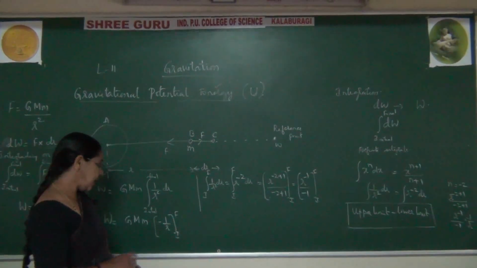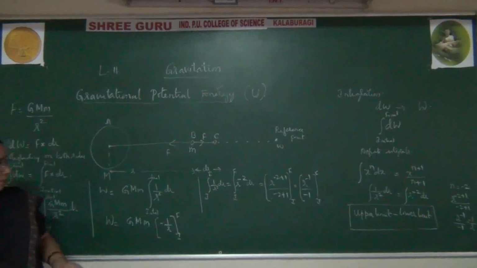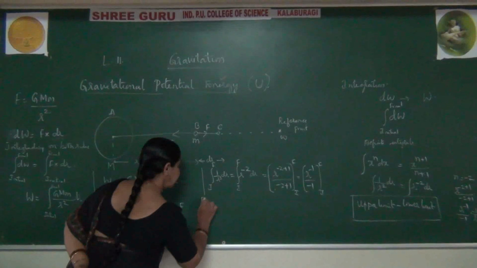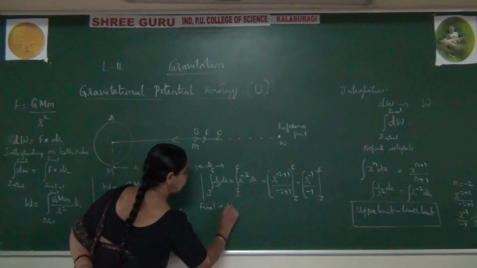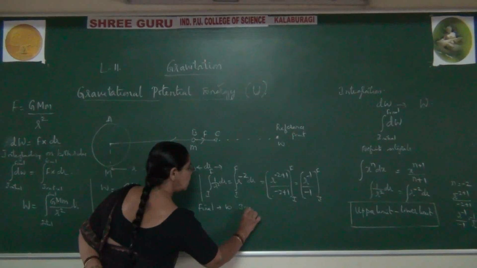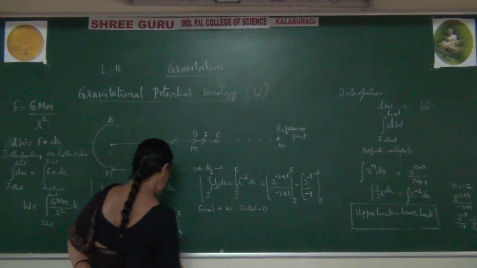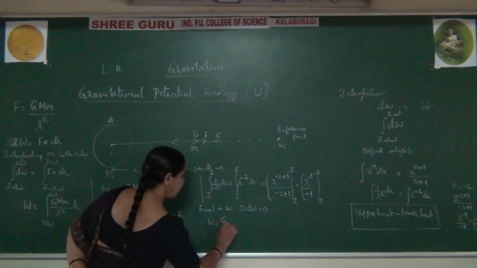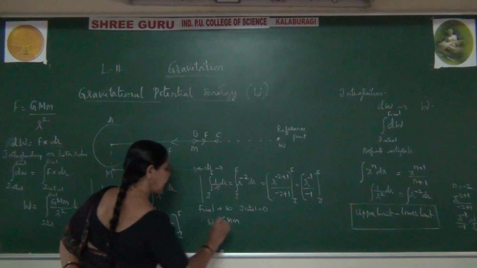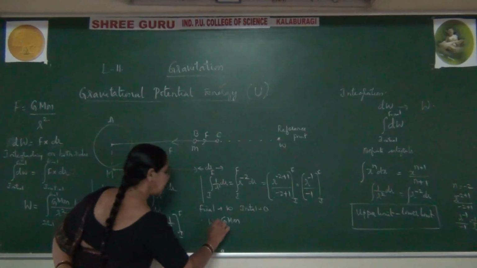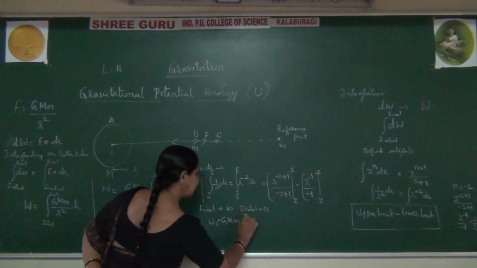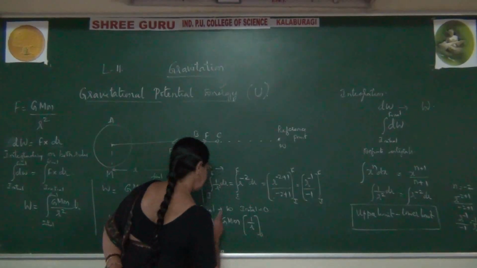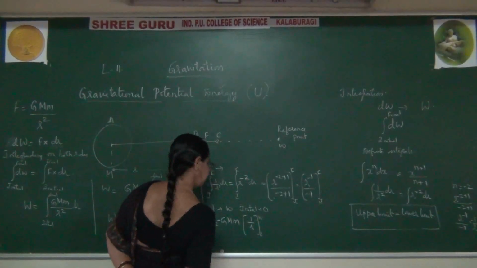So at that time I can write, here I will write for you. Final is equal to infinity. Initial is equal to 0. Okay. So if I substitute here, then your final answer becomes W is equal to capital G small m into, this minus take it outside, I will write here minus, here this becomes 1 by r, and initial is 0, this becomes infinity.